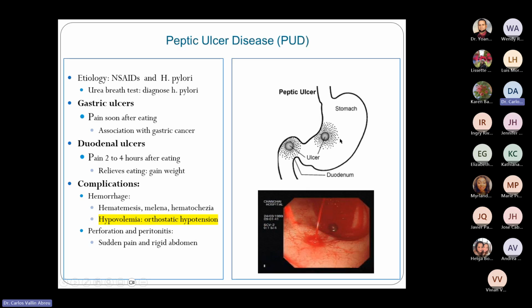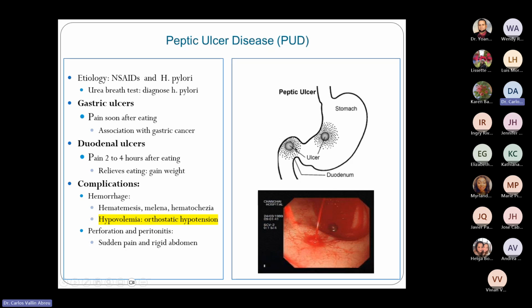The gastric ulcers have a complication that cannot be seen in duodenal ulcers, and that is the potential of transforming into stomach cancer.